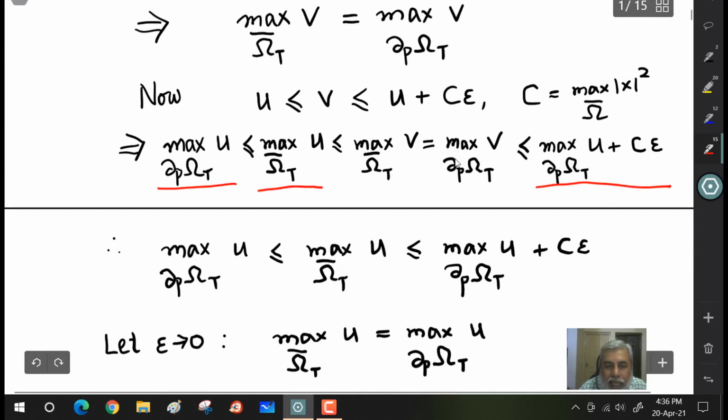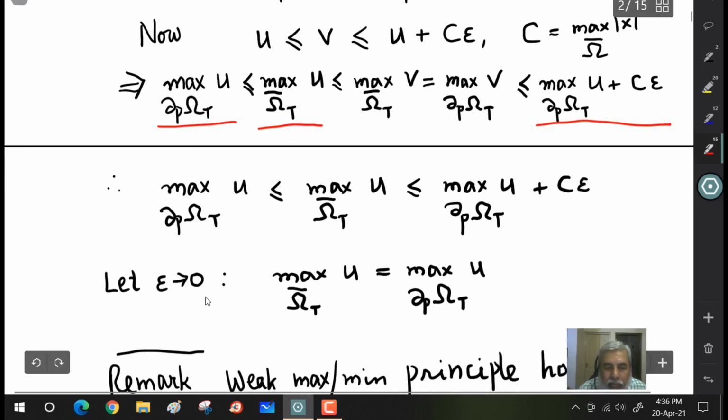If you write that, we get that the maximum of u over the parabolic boundary is less than or equal to the maximum of u over the closure of Omega_T, which is again less than or equal to the maximum of u over the parabolic boundary plus some constant times epsilon.